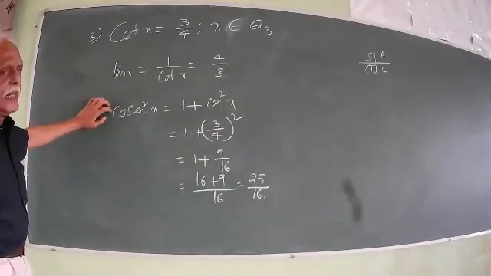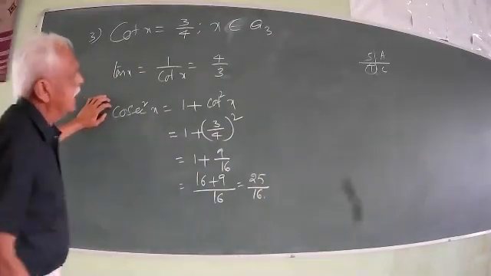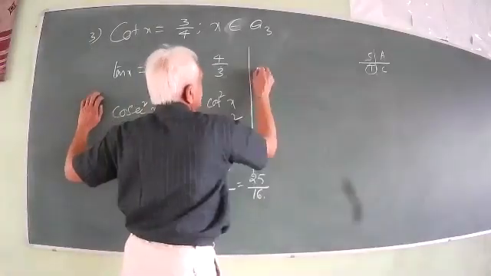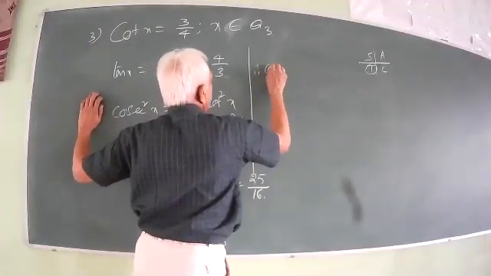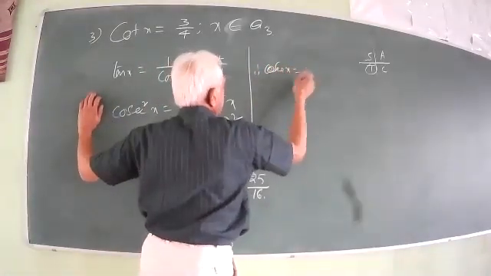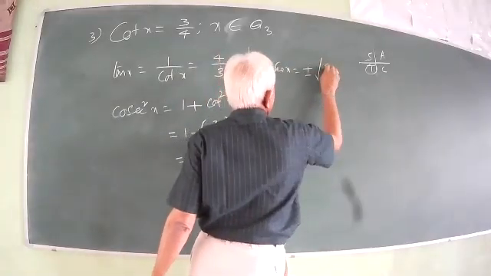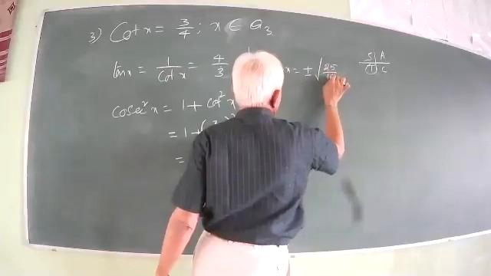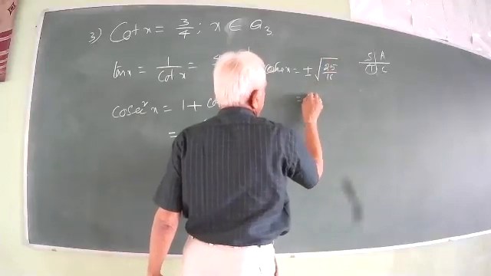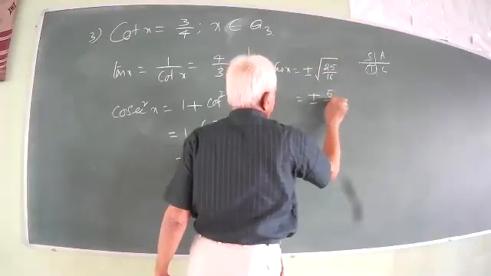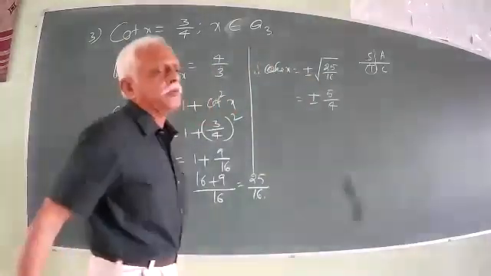So this is cosecant square x. Now, cosecant x is equal to plus or minus root of 25 by 16, which is plus or minus 5 by 4.